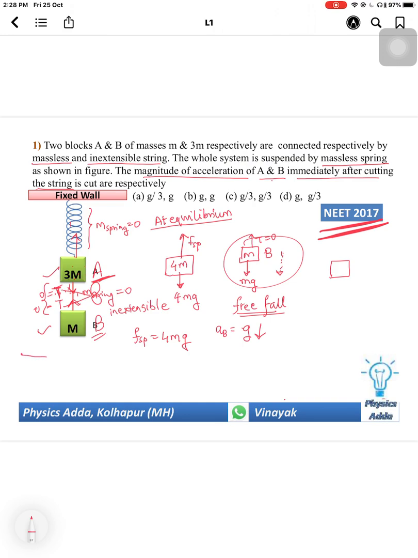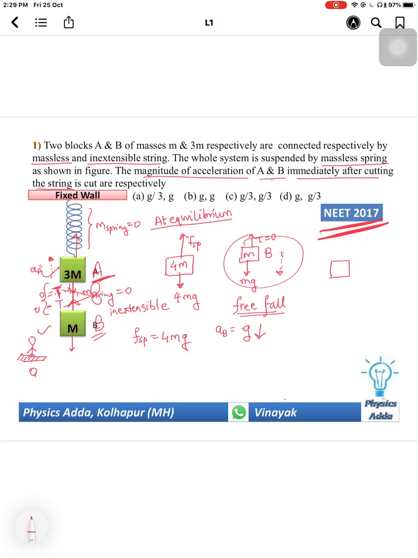So if my observer is standing over here and watching the whole process from point O, then he will find that this mass m is falling downwards. There will be a free fall of mass m, or block B, and this block A will be going upward, right? So relative to point O, this block A will be moving upward with some acceleration a.